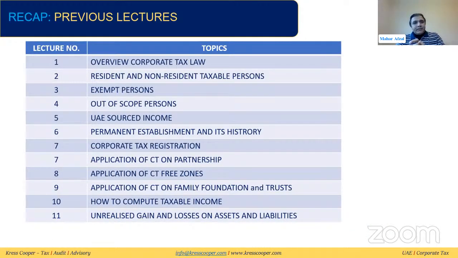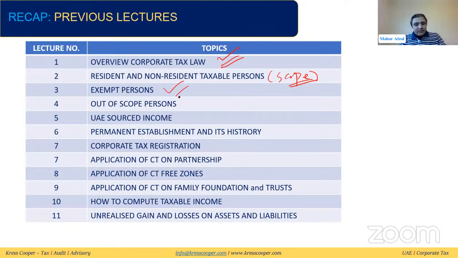In our previous lectures, whatever we have discussed till now, we have discussed the overview of corporate tax law, resident and non-resident taxable person, and the scope of the corporate tax law.